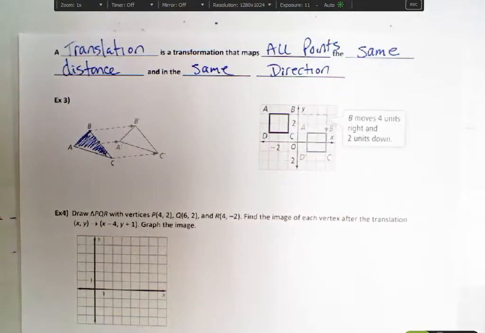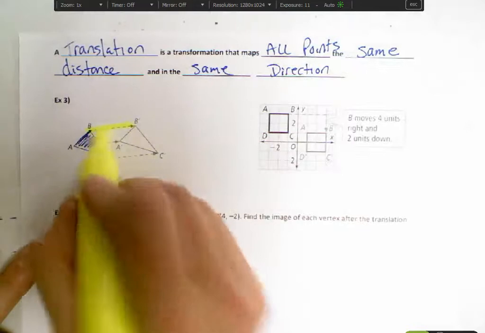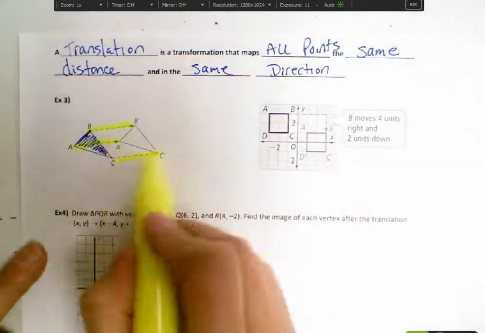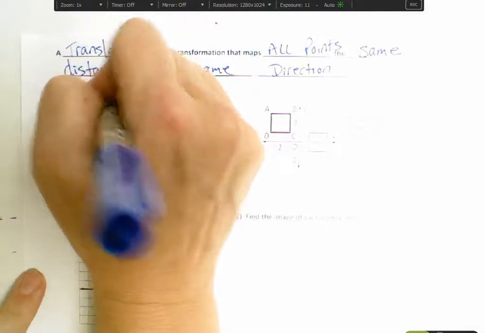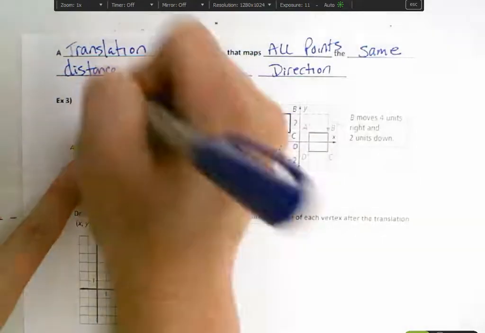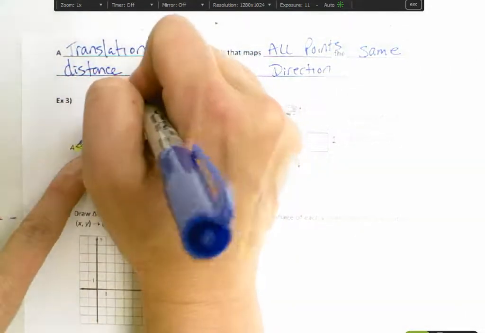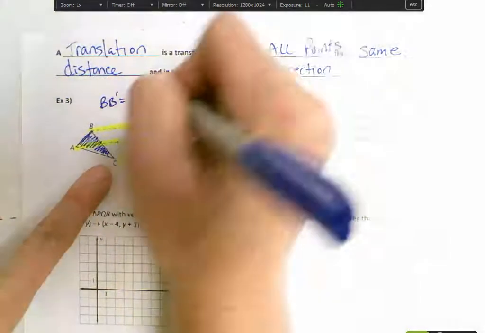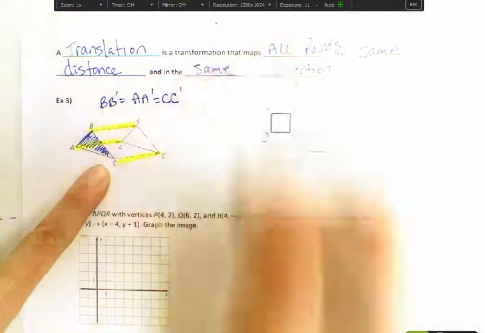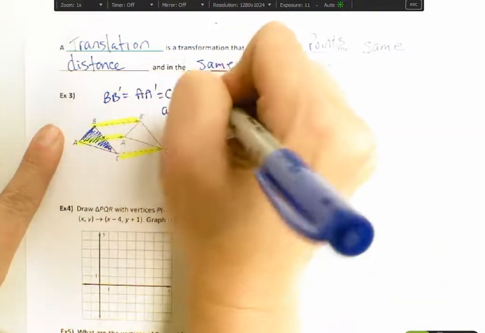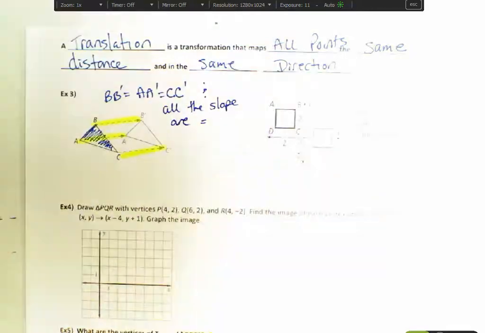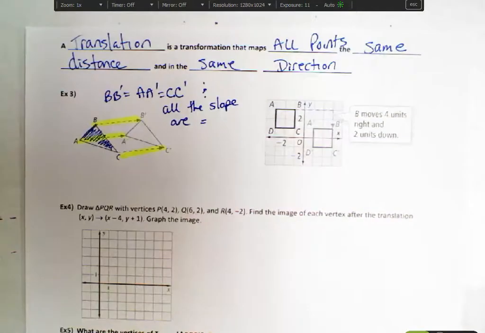So when I am looking at this figure here, I know that I mapped it the same direction because segment B to B prime has to be equal to segment A to A prime as it is to C to C prime. That way it maps the same distance and all the slopes are equal. Same direction.